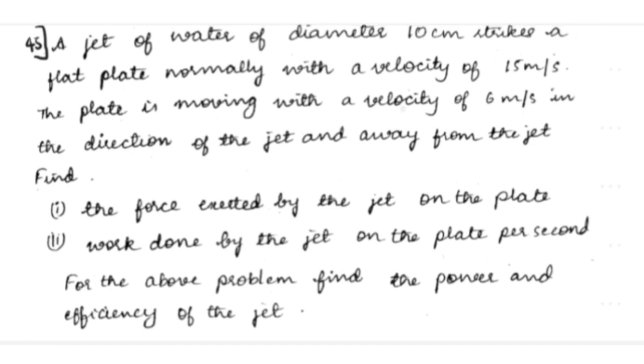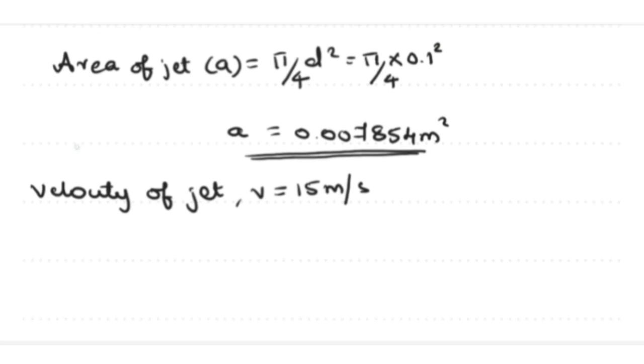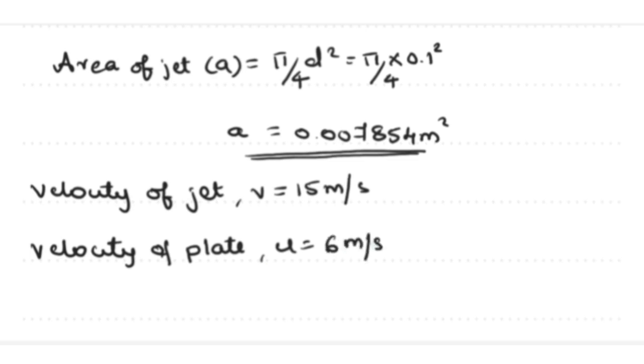Similarly, it is given the plate is moving at a velocity of 6 meter per second. So take it as velocity of plate u is equal to 6 meter per second.